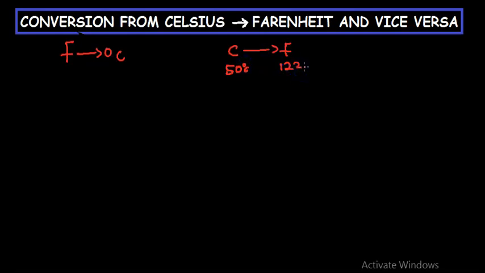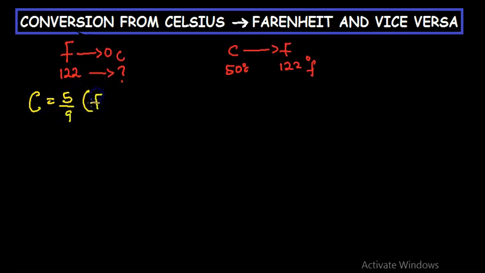So the formula for us to solve this problem is C equals 5 divided by 9 into the bracket of F minus 32. This is the formula we are going to use.